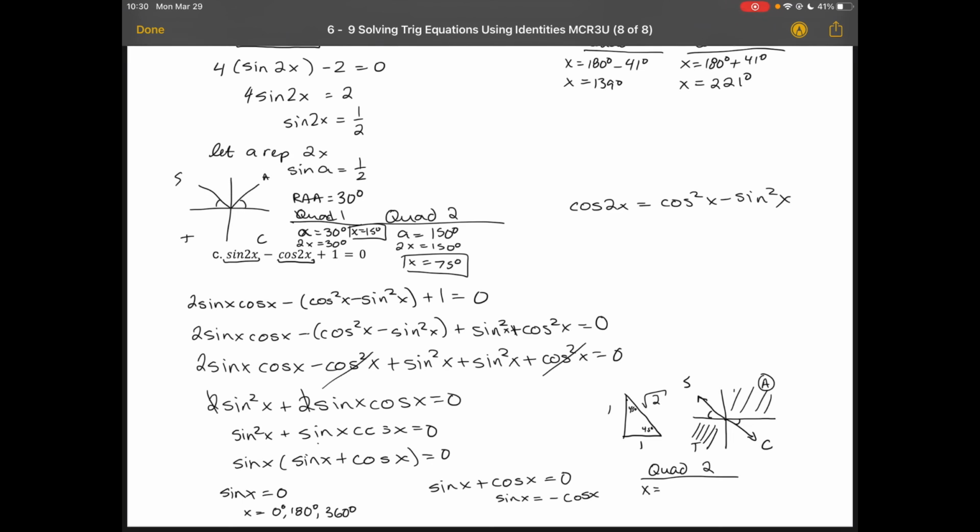I would have 180 degrees, take away my related acute angle of 45, which is going to give me a solution of 135 degrees. And then I'm also going to have a solution in quadrant 4, which is going to be x equals 360 degrees, take away 45, which is going to give me x equals 315 degrees. Those are the two solutions that are going to satisfy that relationship.